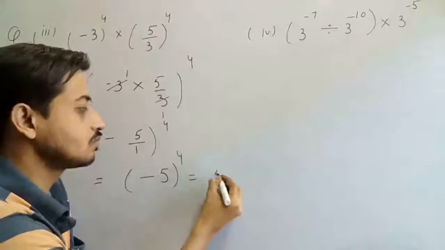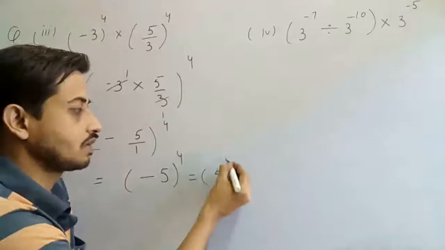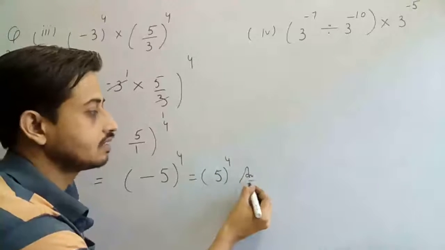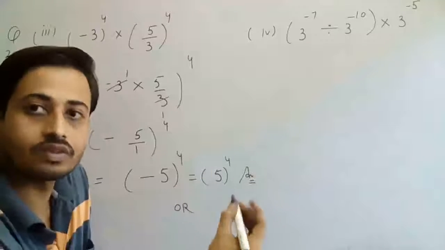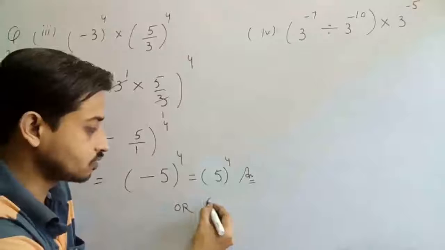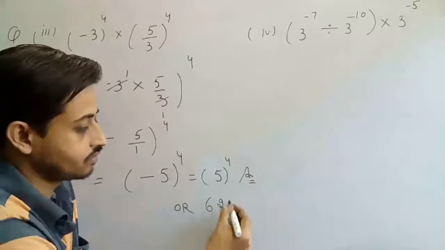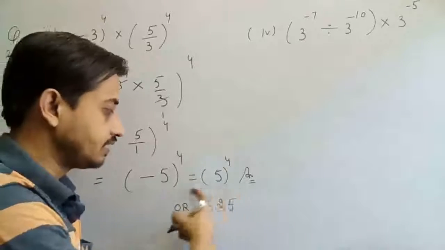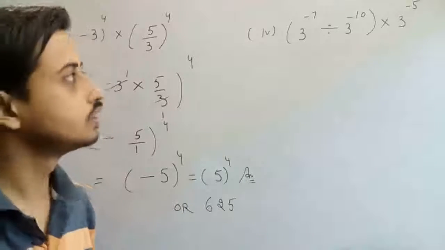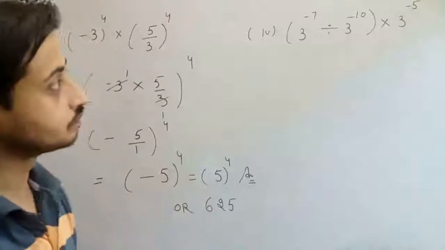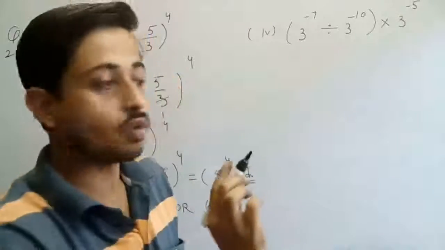So negative is removed. So we get 5 raised to the power 4. This is our answer. Or you can solve it 5 into 5 into 5 into 5. What is the answer? 625. So you can write it in this form also, and you can write 625 also. Now look at the fourth part. In this what?